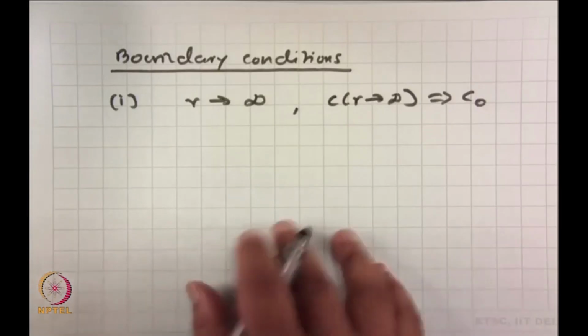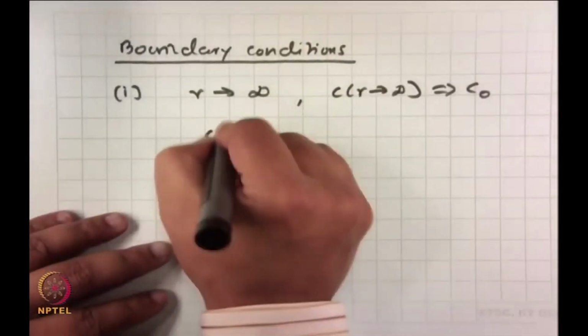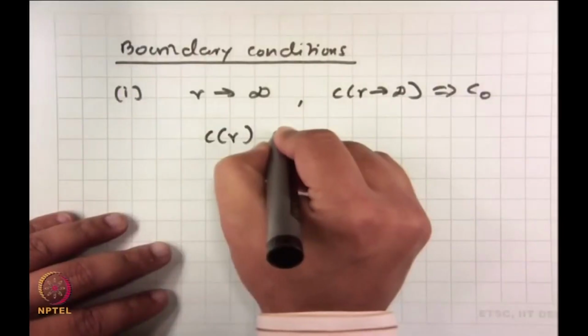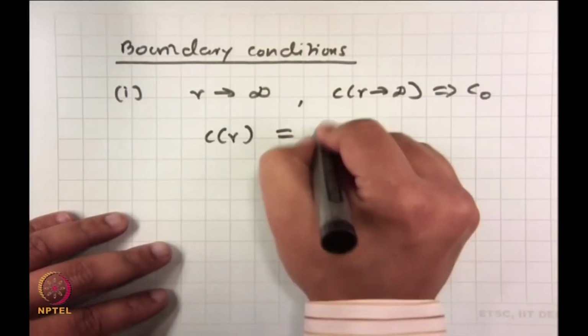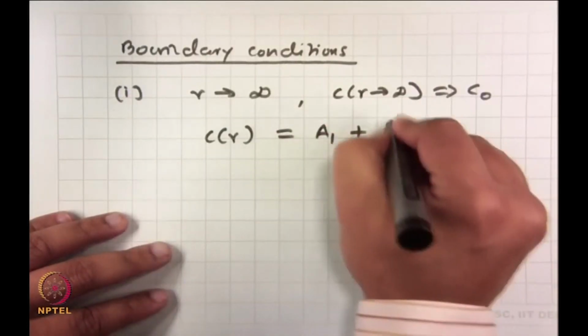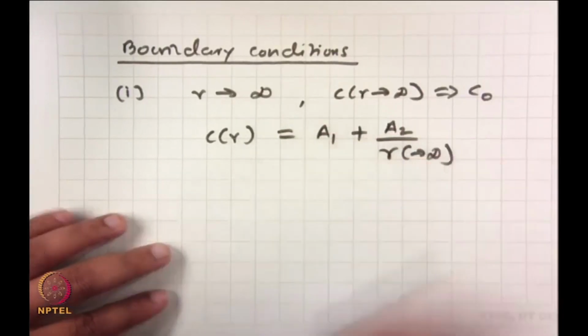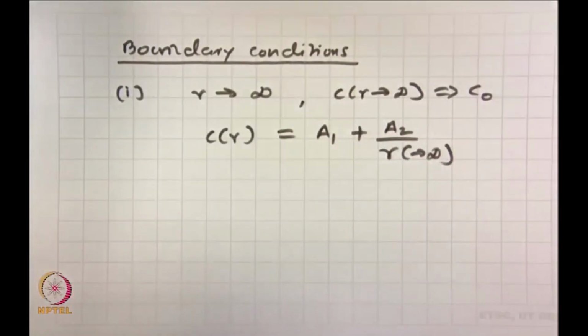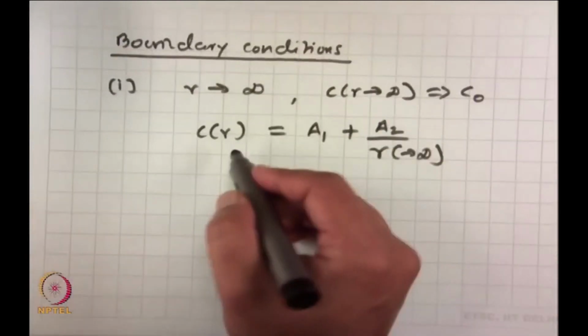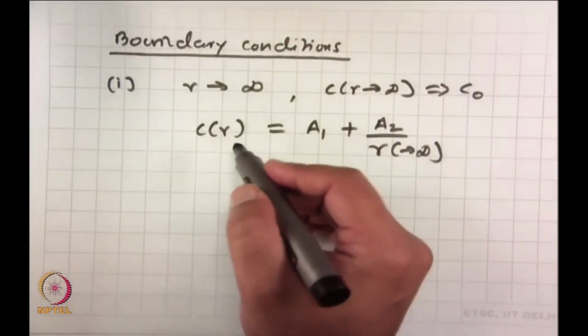Okay. So, if that is the case, now we go back to our equation, C of R is equal to A1 plus A2 over R, where R tends to infinity. If R is tending to infinity, then CR tends to what? CR tends to C naught, right, at R is equal to infinity.